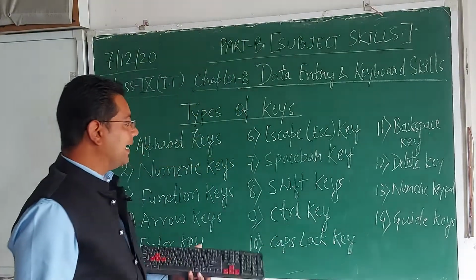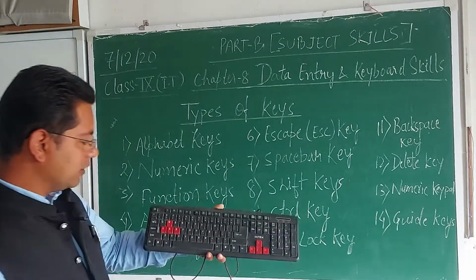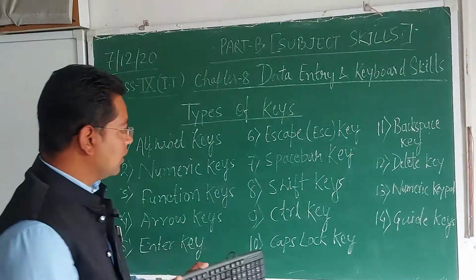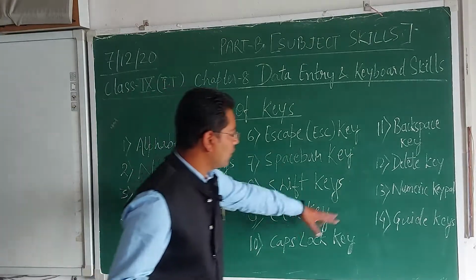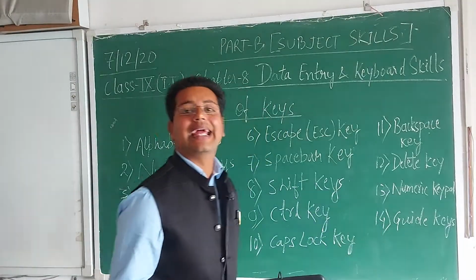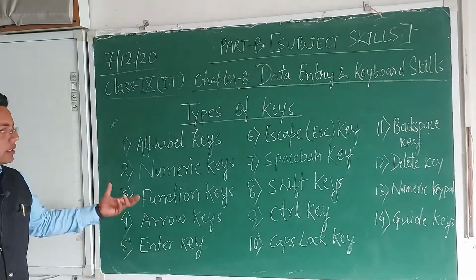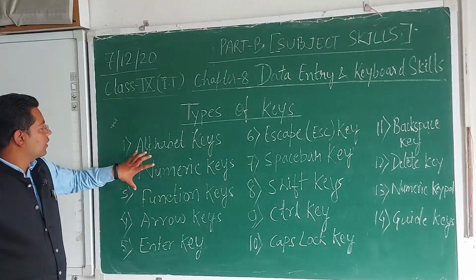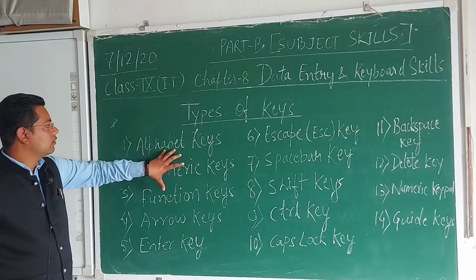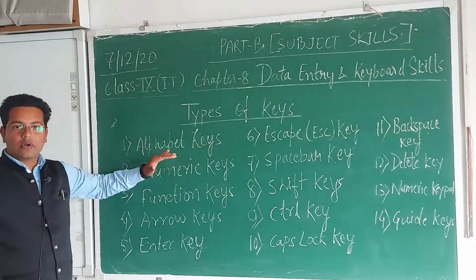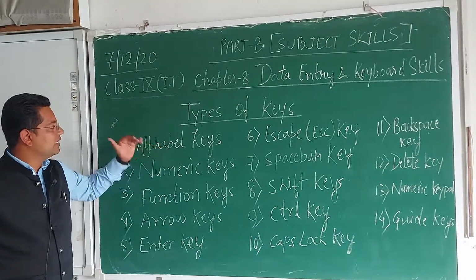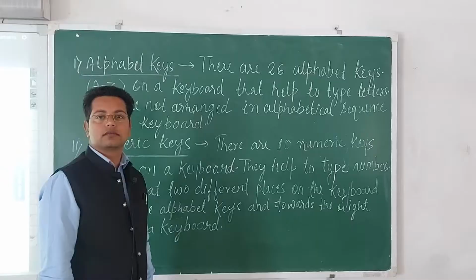After that, guide keys. So guide keys we will discuss after the completion of all the topics one by one. I will discuss what are guide keys. Okay. So you just take the screenshot of this. I will discuss the rest of the topics, okay, related to the same. I will discuss all the keys. Okay. I will explain about all the keys after this. You just take the screenshot.